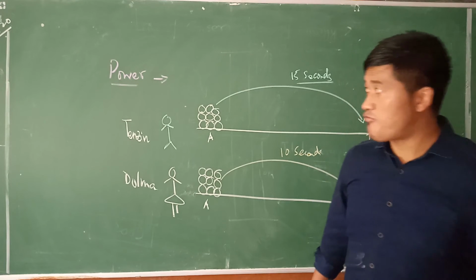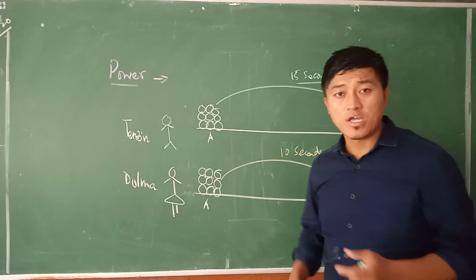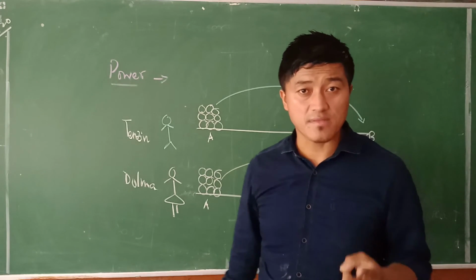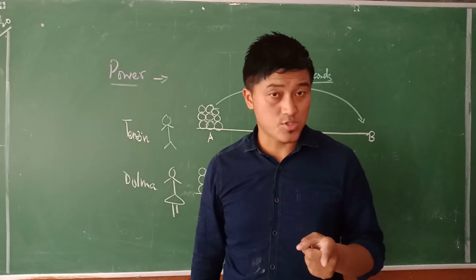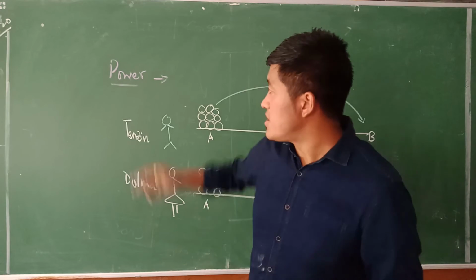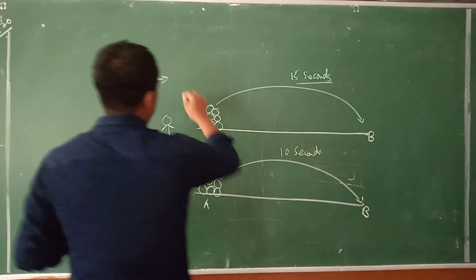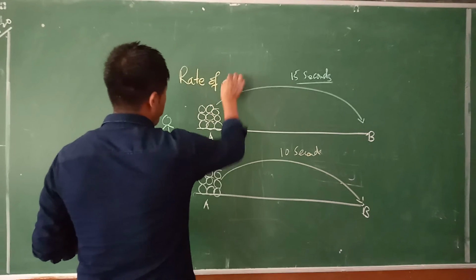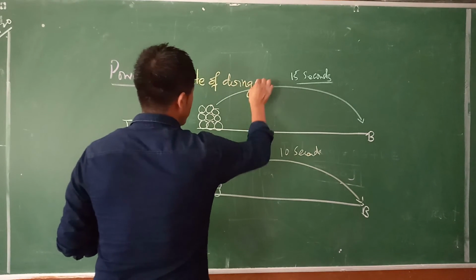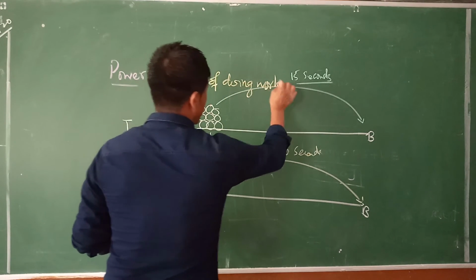Understand? So whenever we talk about power, there are two important things that come to our mind. Number one is work, and number two is time. So how do we define power? Power we define as the rate of doing work. Understand?